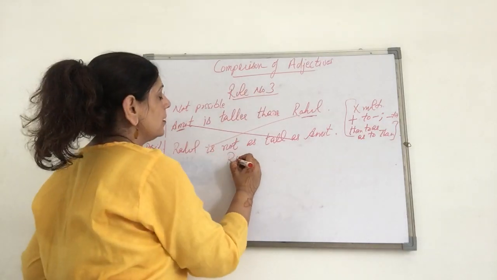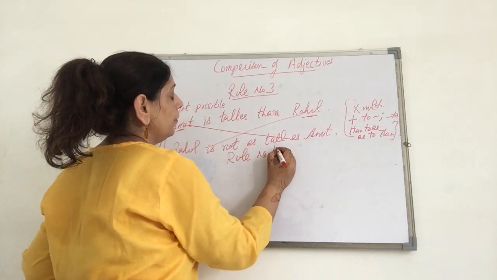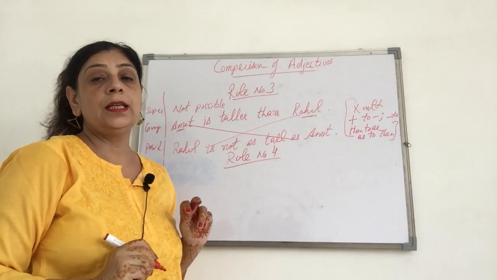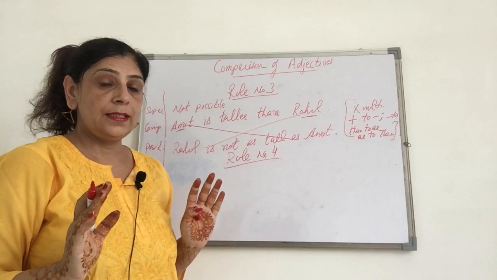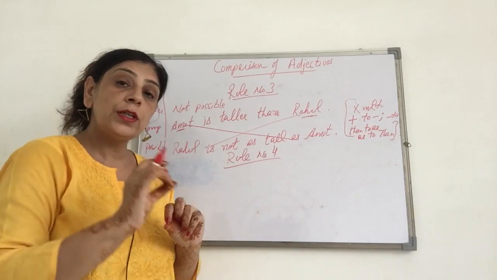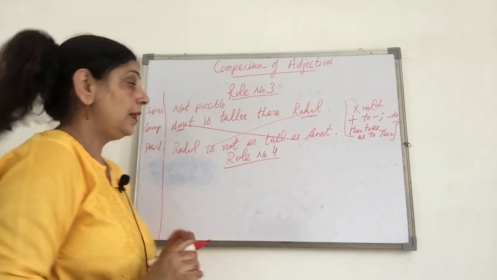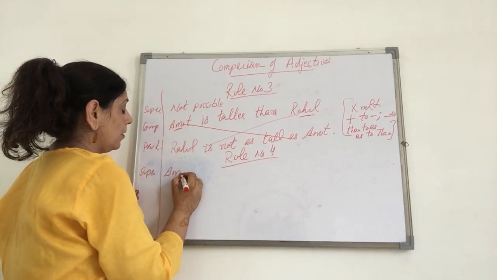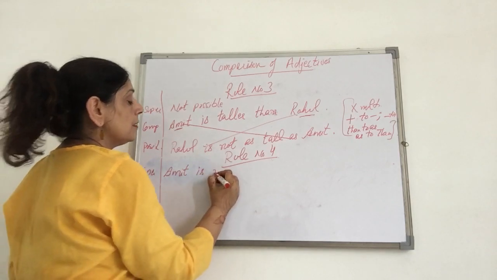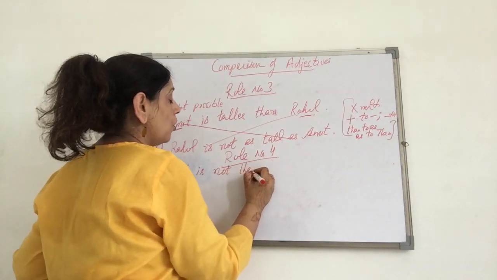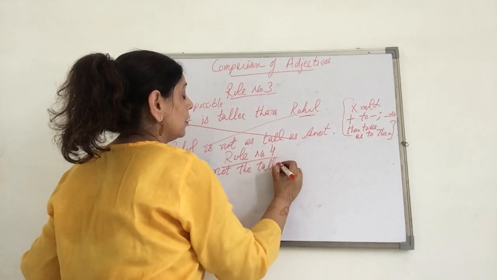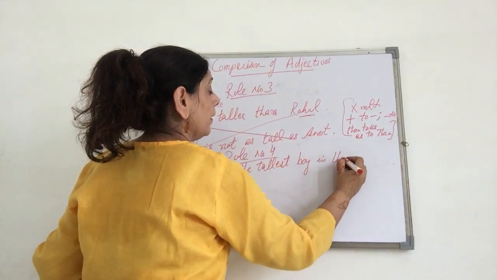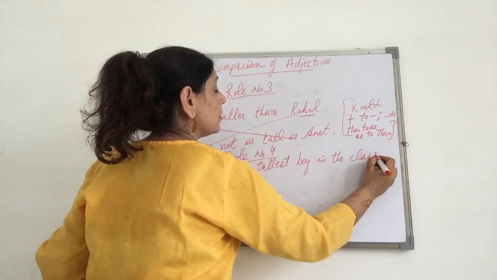And last is rule number 4. Rule number 4 is used in negative sentences, when the question comes in negative, like a superlative. Amit is not the tallest boy in the class.